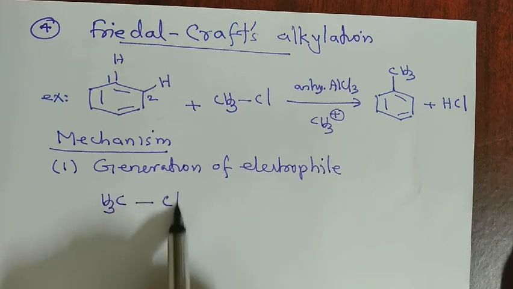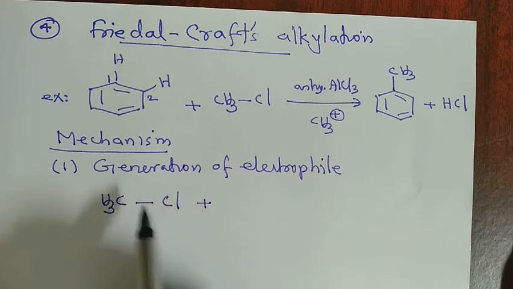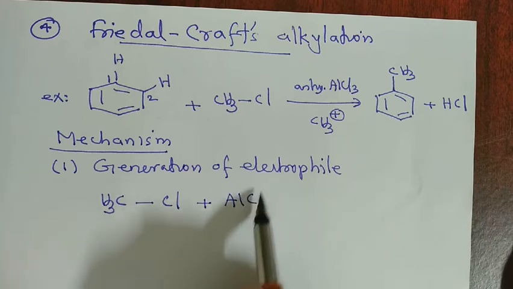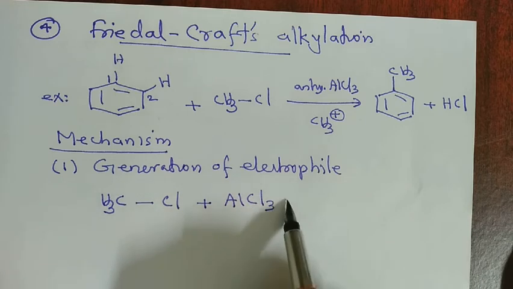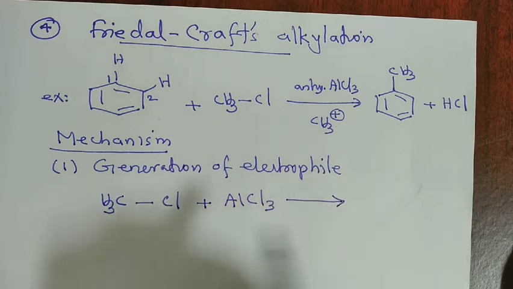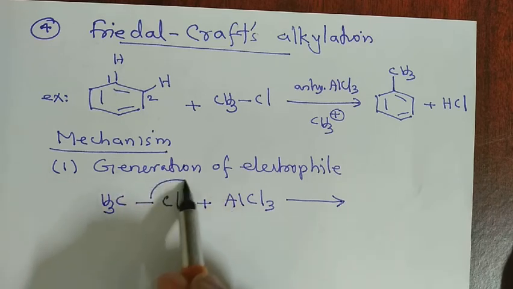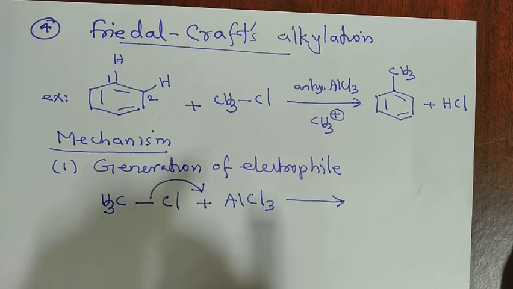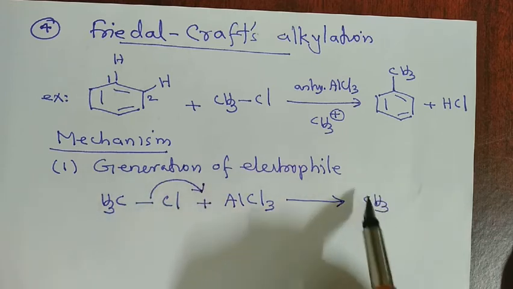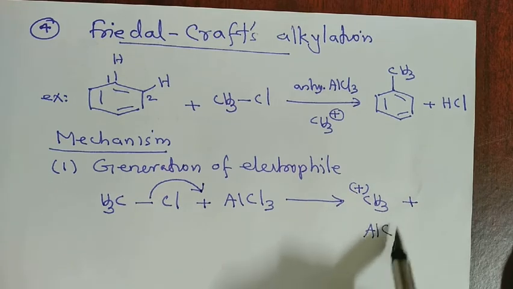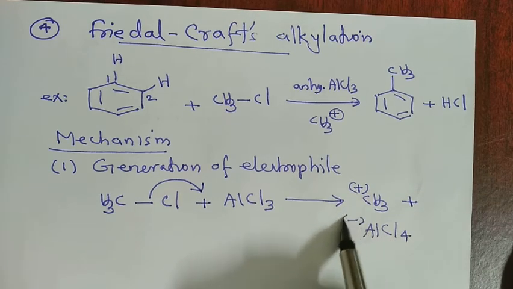It is generated from methyl chloride through heterolysis of the carbon-chlorine bond. It is promoted by the Lewis acid catalyst AlCl3, which can accept chloride ion. So it can be represented like this: CH3 plus methyl carbocation plus AlCl4 minus.